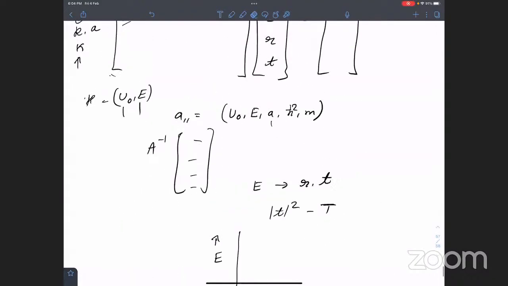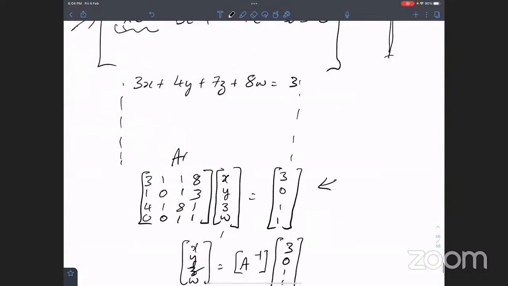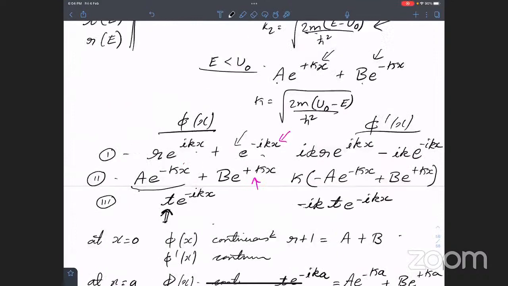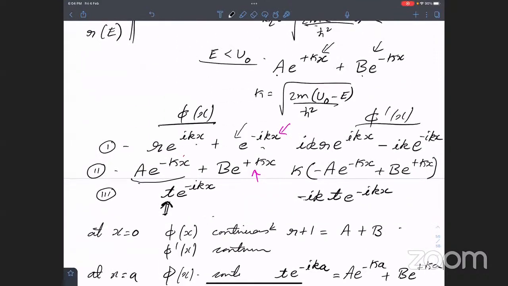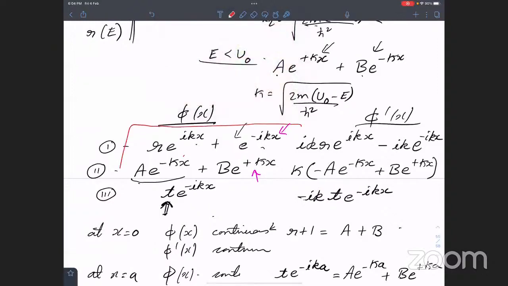Okay. Once we are able to solve for a, b, r, and t, let's say we are able to solve what is a, what is b. Now you can go to my wave functions here that we have written. This set. Once I know the values of r, a, b, and t, remember I already know k and kappa, right?